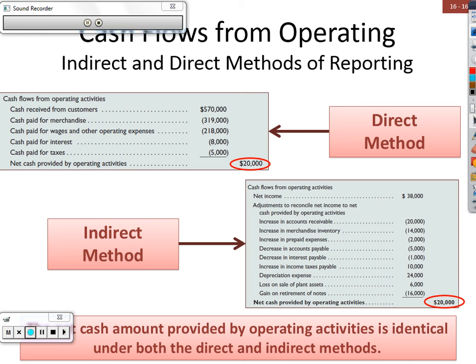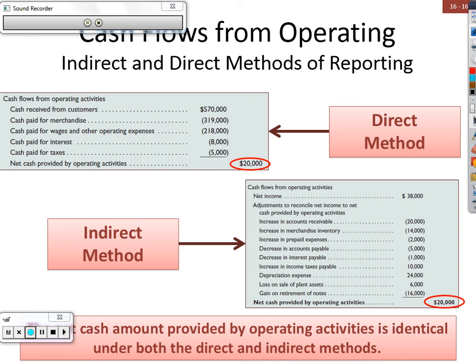Also highlight increases in non-cash current assets are subtracted from net income. Flip over to 644. Increase in liabilities, what happens? We do what to net income? Add it. And if it's a decrease, what do we do? Subtract them. Go over to 645.